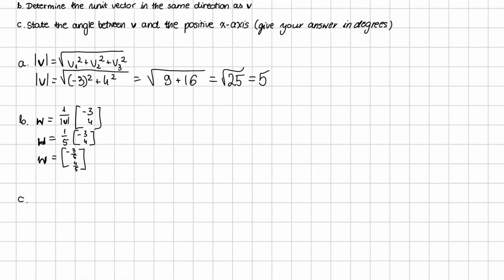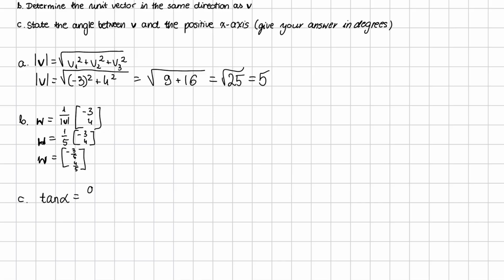C. State the angle between v and the positive x-axis. Give your answer in degrees. In this case, and in similar problems, we have to use tangent, maybe alpha. We know from our trigonometric rules that tangent of some angle is opposite over adjacent, so TOA.